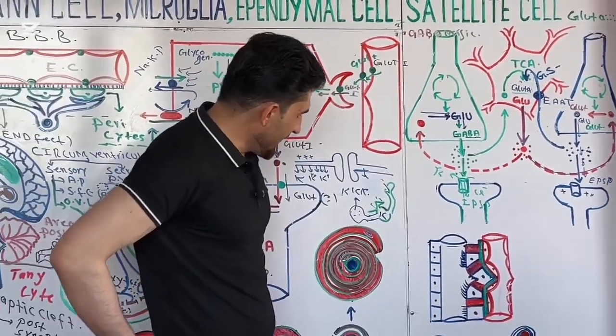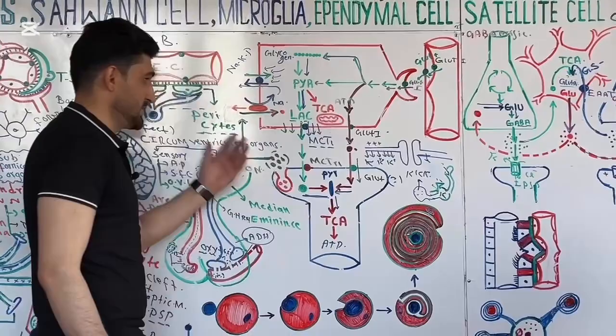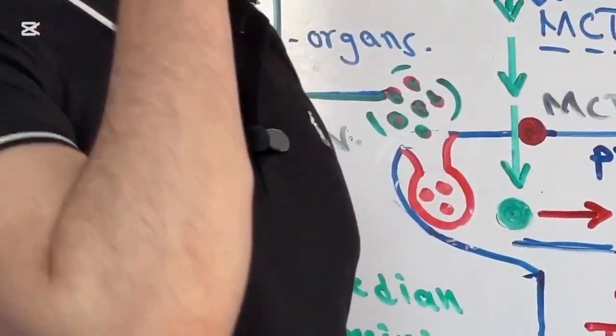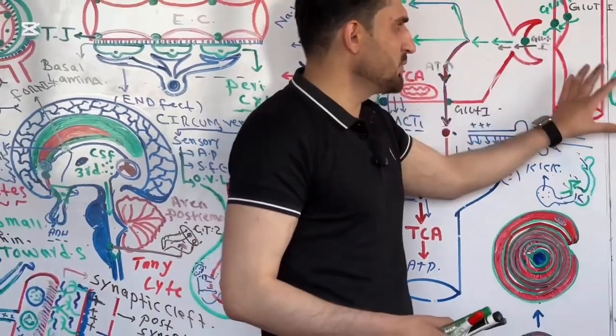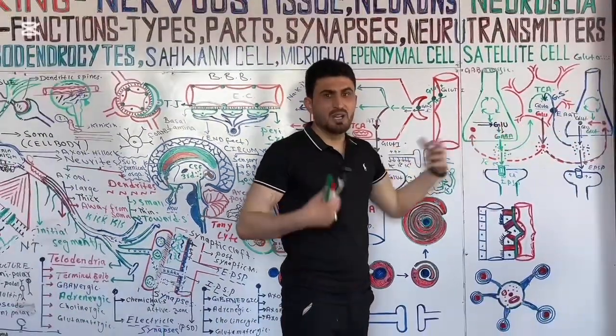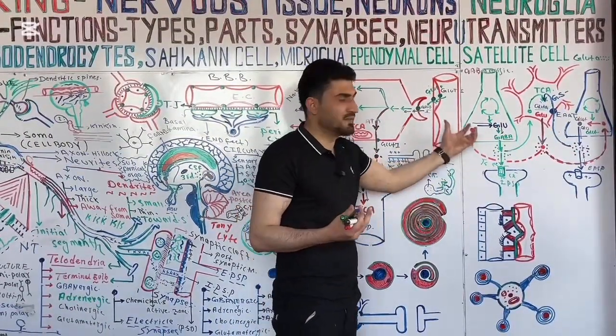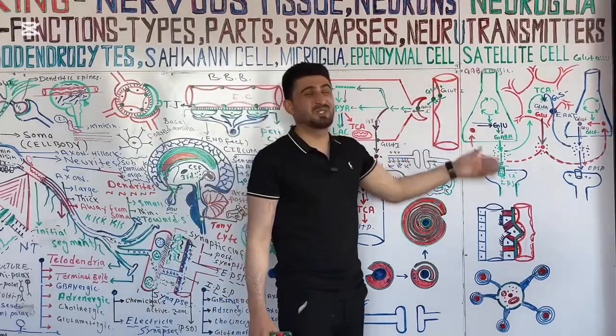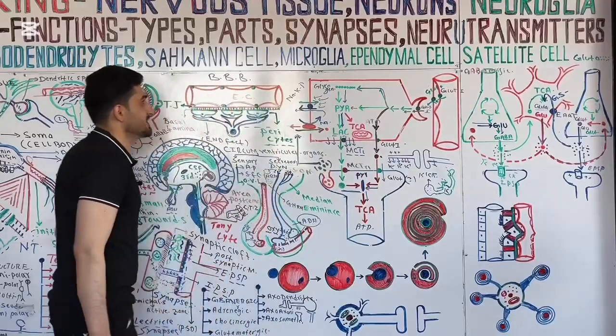So that was so much about the astrocytes. Keep it in your mind that these metabolisms were not according to biochemistry. Here my target was the functions of these astrocytes, because according to biochemistry they are so long pathways, abundant in enzymes anyway.